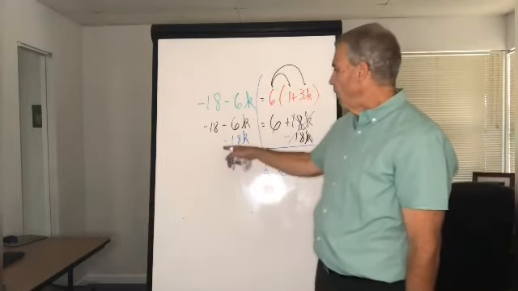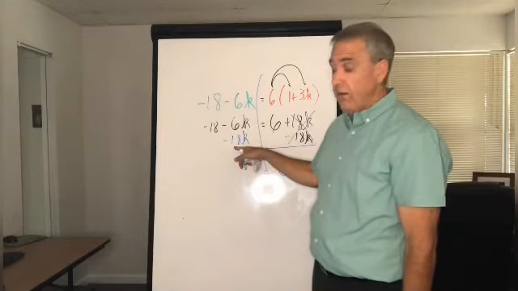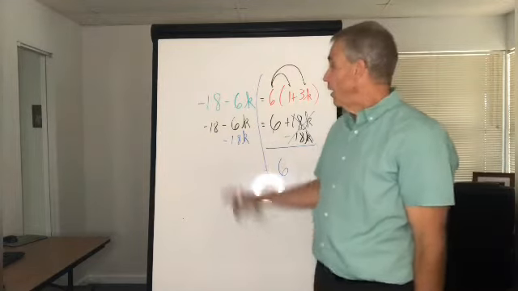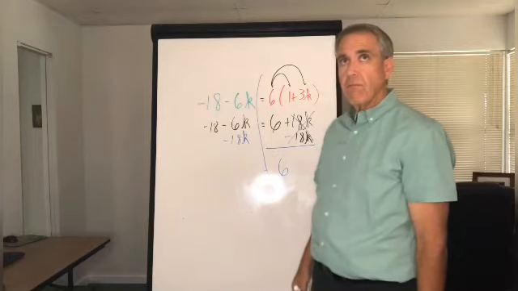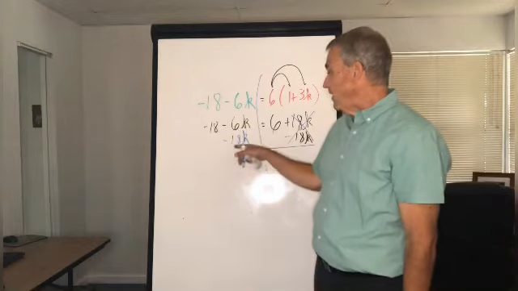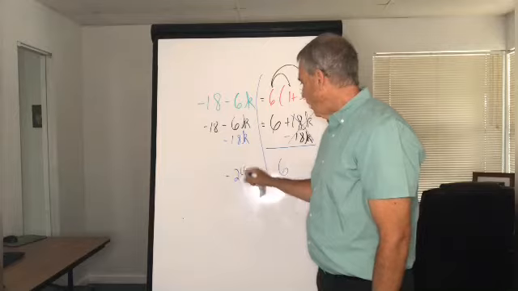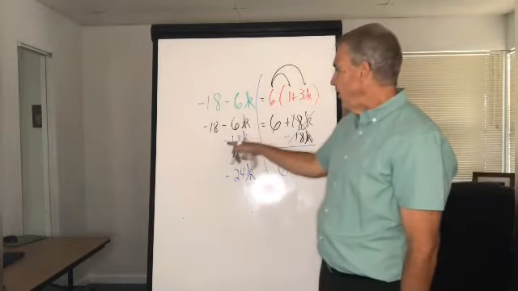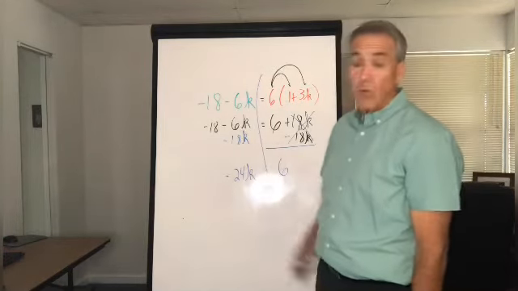Then go minus 18. Or if you'd rather, you can go plus 18 negative. Either one's fine. 6 negative minus 18, and you'll get negative 24k. You owe me 6 k's, then you come back the next day and you want to borrow 18 more. Now you owe me 24 k's.